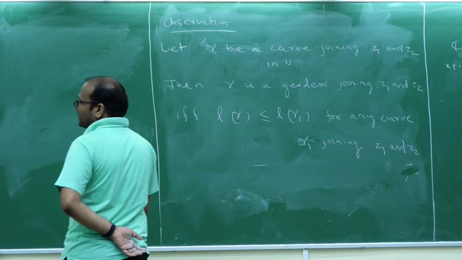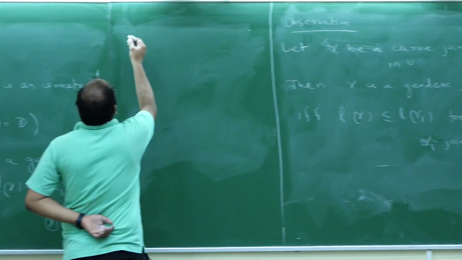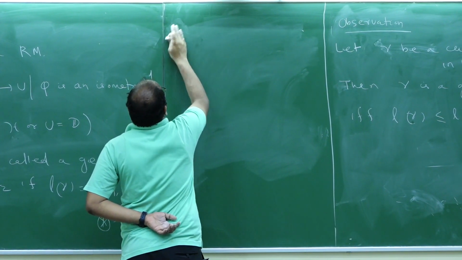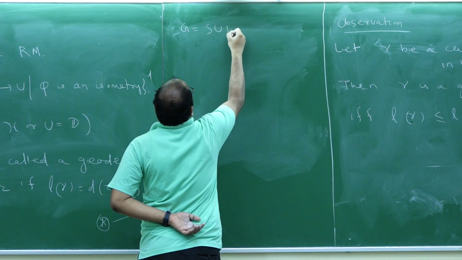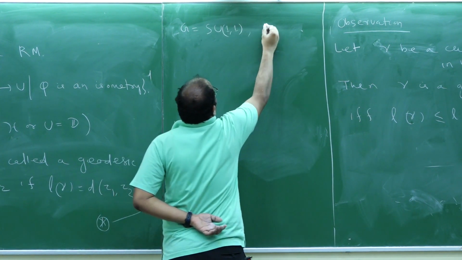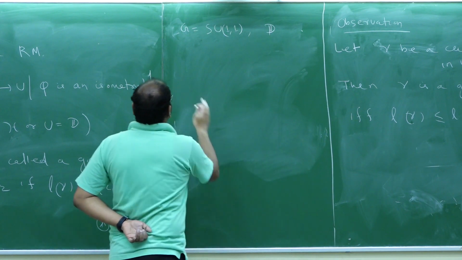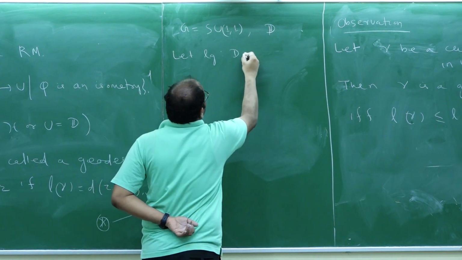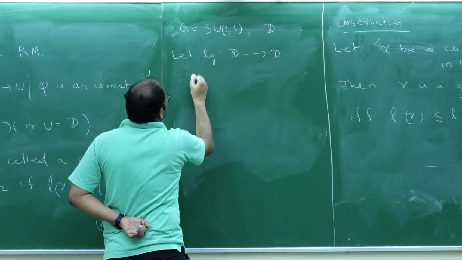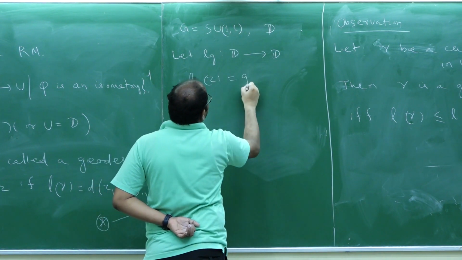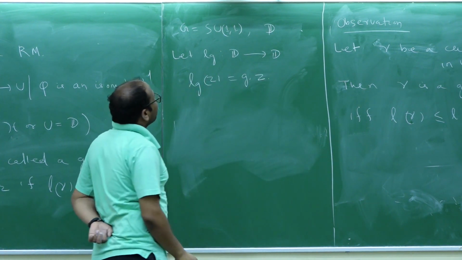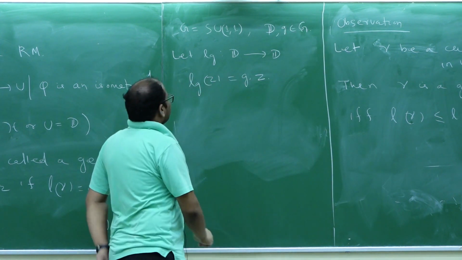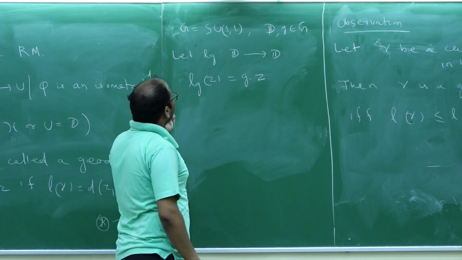We come back to this in the disc picture. So in the Poincaré picture, G is called U, and we are in the disc picture. So that L_g from D to D is given by L_g of z equals g dot z, where g belongs to this group.